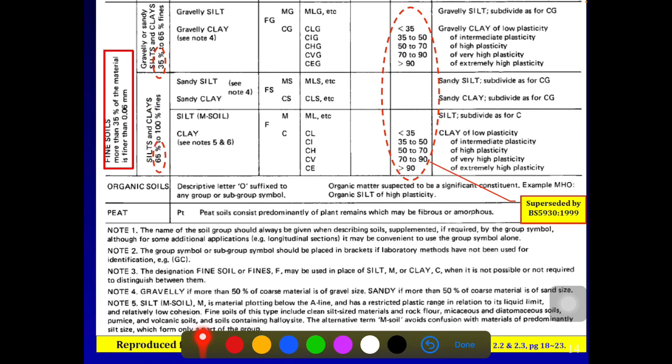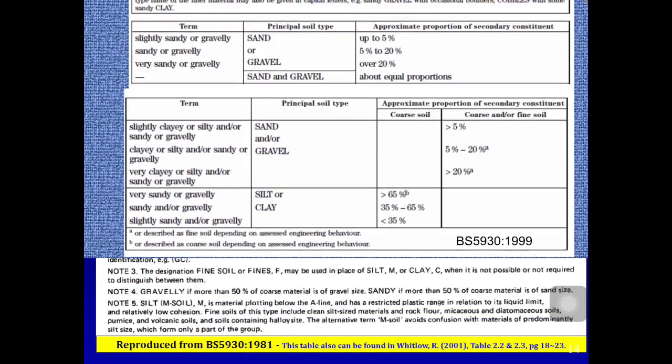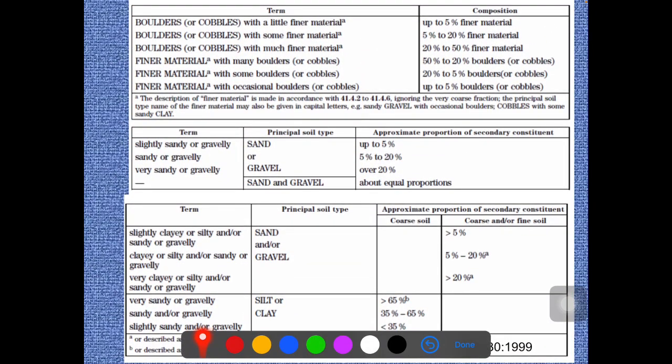Alright, after you have managed to get the percentage of the sand, the percentage of the gravel, and if you have clay, the percentage of the clay. How much is the percentage of the clay?